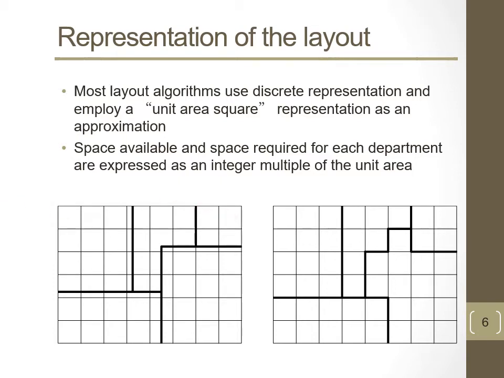And this requires more memory in your computers, and the solution time of the algorithms become very large. So you should be careful while dividing or representing these layouts with unit area squares. The length of each unit area square must be determined carefully.